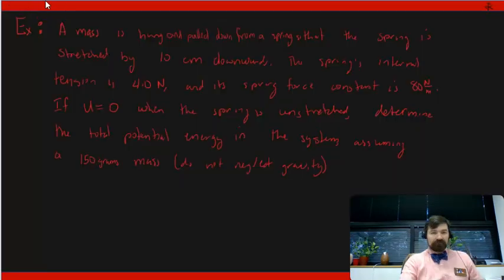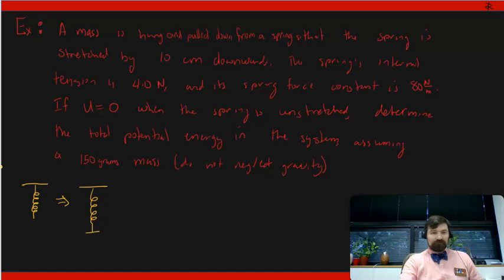All right, so we should consider as an example this case in which you've got a mass that's hung on a spring and then sort of like grabbed and pulled down so that the spring has stretched a total of 10 centimeters. And what we want to know is if we take u equals 0 to be this case where the spring is not stretched at all, like this, then how much total potential energy is in the system?